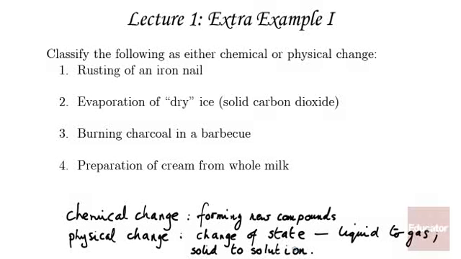So with these ideas in mind, let's now look at each of these 4 changes and try and interpret them. The first is the rusting of an iron nail. Now, what do we see? We observe a new compound. That's the reddish-brown material that is formed on the surface of the nail.